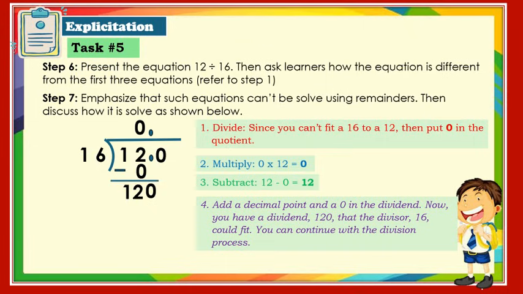And then add another 0 to your dividend and bring it down to your new dividend. That makes it 80. And then how many 16s are there in 80? We have 5. 5 times 16, we have 80. Then subtract, the remainder is 0. And that makes our answer 75 hundredths. So the answer is 12 divided by 16 equals 75 hundredths.